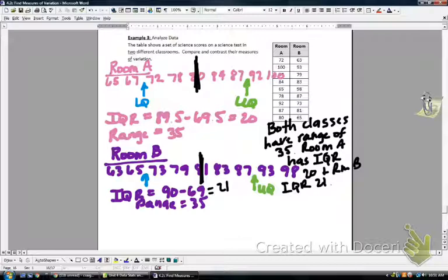Slight differences in the median and upper quartile and lower quartile, but it's not significant. So, no major differences in upper quartile, lower quartile. All right, go ahead and do the on your own, and we will check the on your own tomorrow in class.